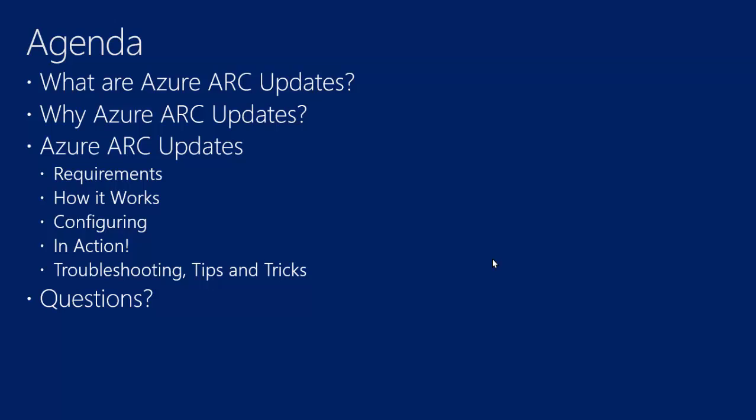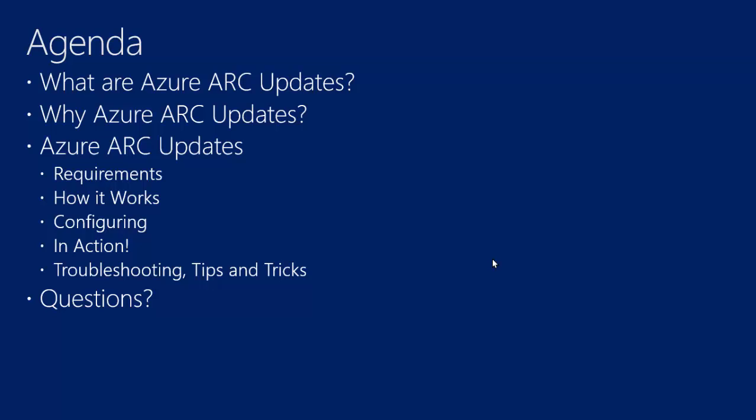Right now, before we get into this, I just want to remind you that even the phrasing of the question could be inferring something different. What are Azure Arc updates? There are no real differences in the update process with Azure Arc. The entire focus of Azure Arc is to be able to leverage the Azure control plane against servers that exist outside of Azure.